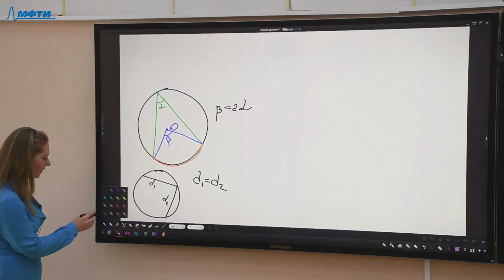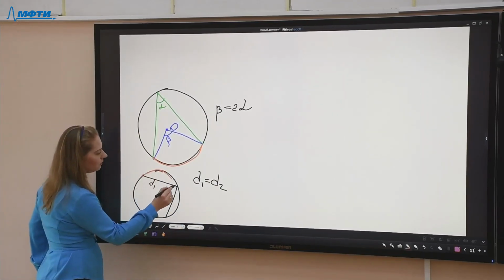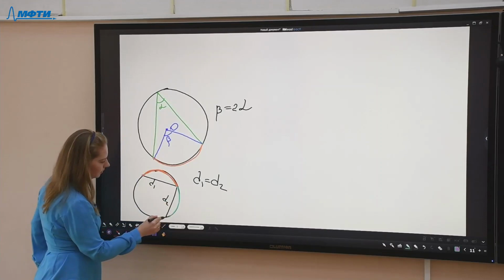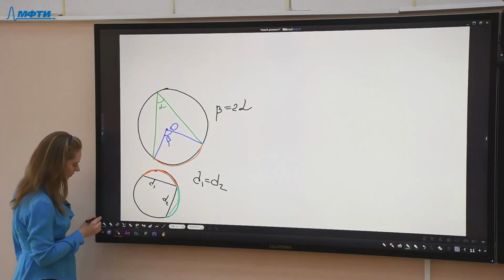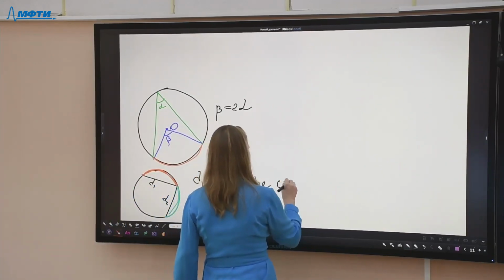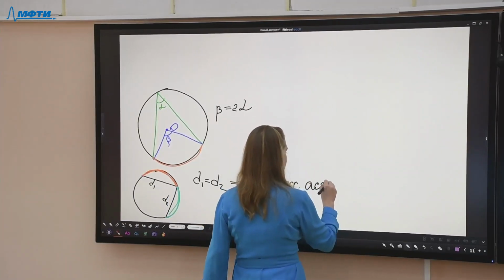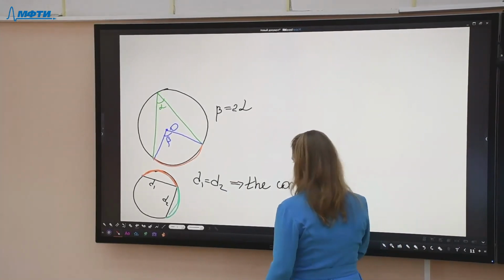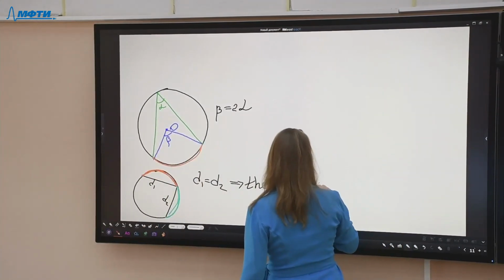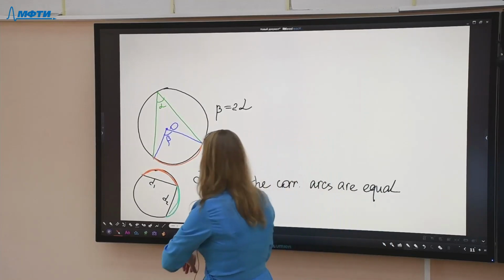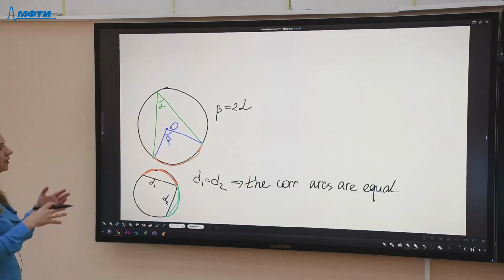It means that the corresponding arcs, this one and this one, are equal. And vice versa, if we have two equal arcs, we can say that the corresponding chords are also equal.